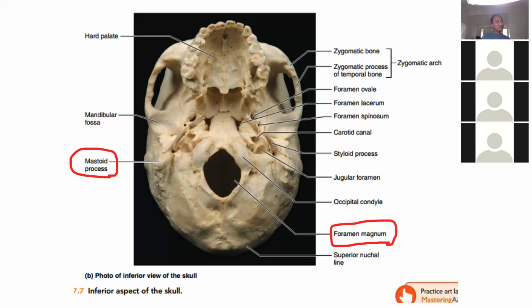So carotid canal and jugular foramen. And now you can see the lacerated opening, foramen lacerum, and the oval opening, foramen ovale, and the little tiny spiky puncture, foramen spinosum. Yeah, so now the skull base is not as difficult as we think.